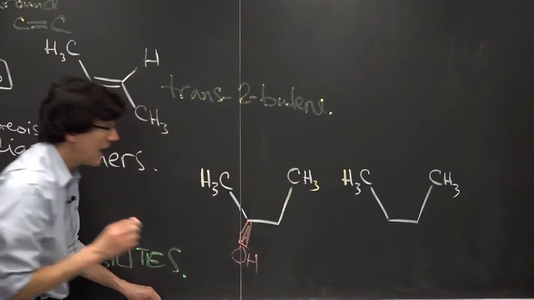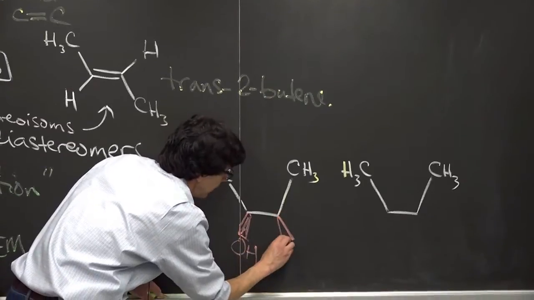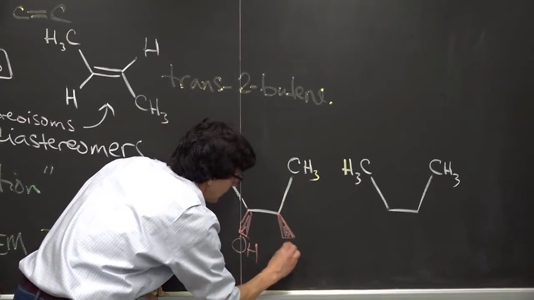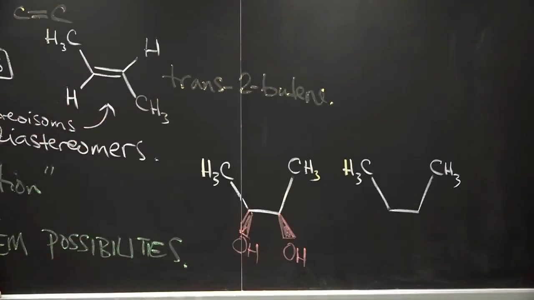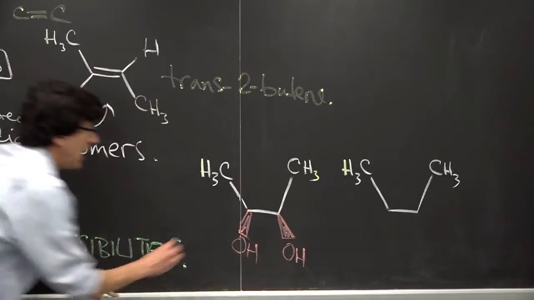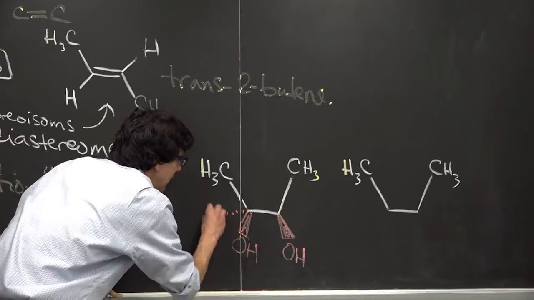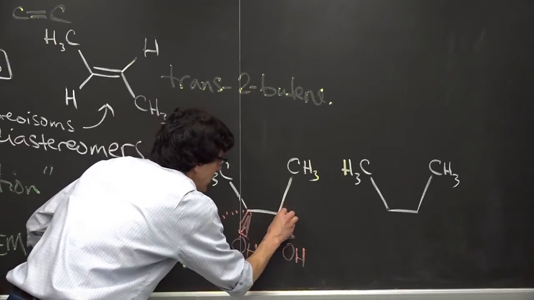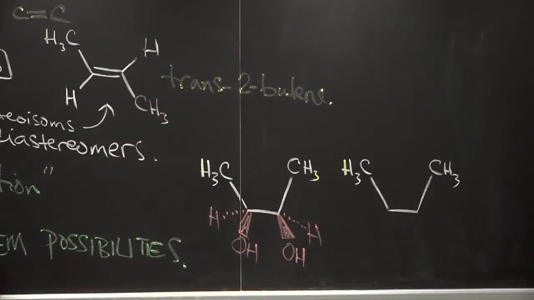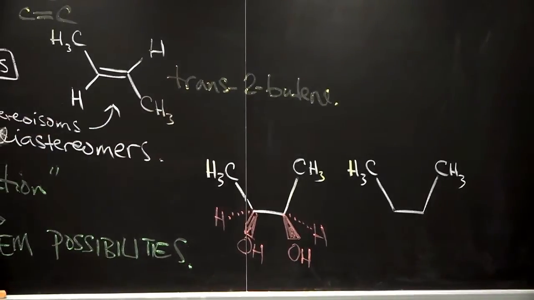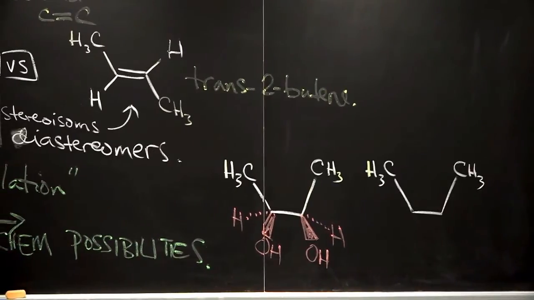And then this is a dihydroxylation. So here would be the second one. And what is the consequence of that? Well, the hydrogen then has to be back. And the hydrogen here has to be back. So that would be both OHs coming from the front, okay, or the top.